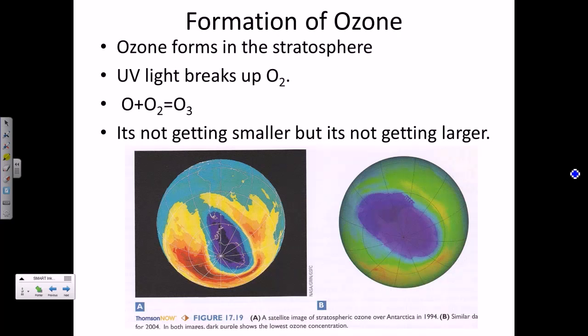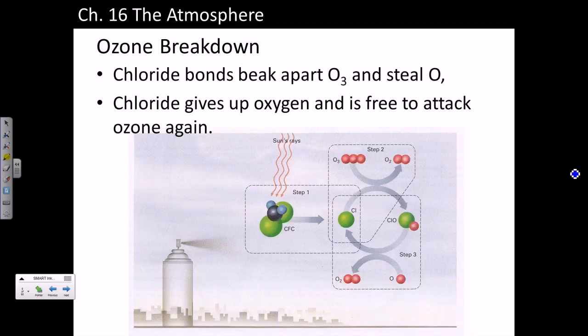The idea here is basically that if you take something like a CFC, what's called a chlorofluorocarbon, CFC, and you bombard it with ultraviolet light, UV light, it's going to cause a chemical reaction. And this is not unusual to have light cause a chemical reaction. It ends up kicking off a chlorine atom, okay? And now that chlorine atom is out in the atmosphere, and it's pretty reactive.